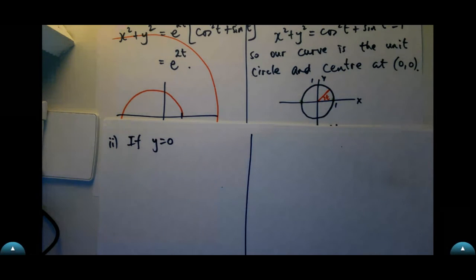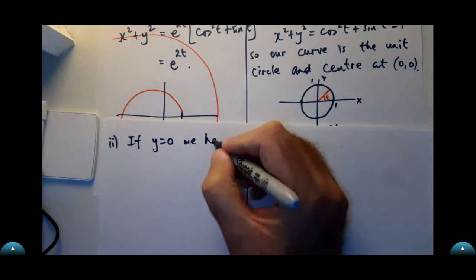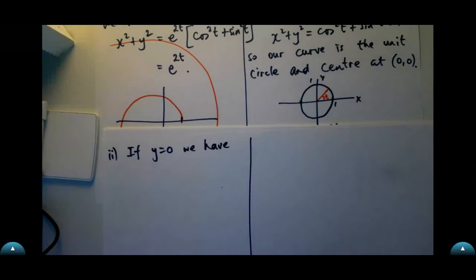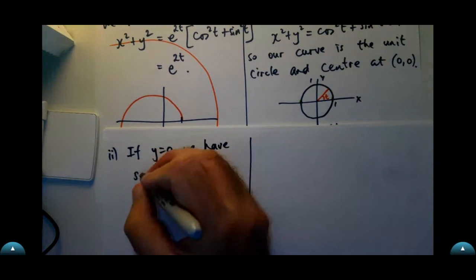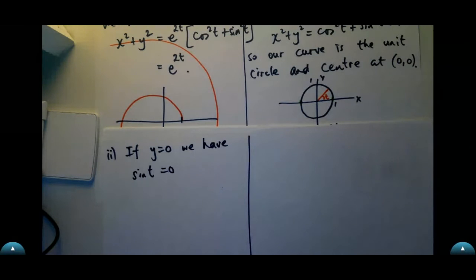Okay, so what will t be? Well, you're just solving sine of t equals 0.